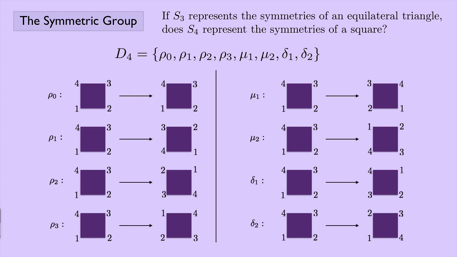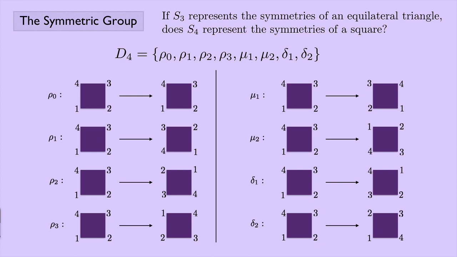The mu1 is a flip, and if you look at it, it's a flip across an axis down the middle. So it's like a vertical axis dividing the square in half, and so it flips everything over to the other side. And the mu2 is the axis that divides the square in half through the center horizontally and flips everything. And the deltas were the ones that flipped across the diagonal.